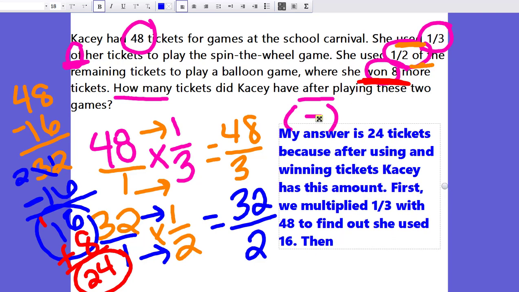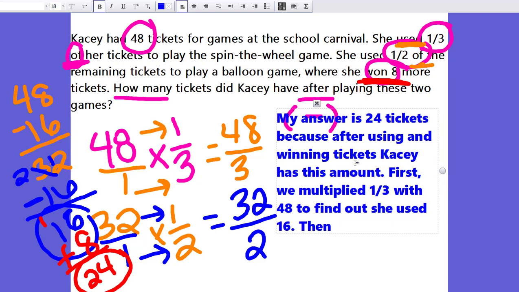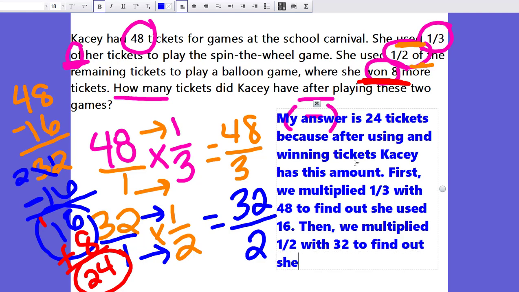Then we multiplied 1/2 with 32 to find out she used 16. Finally, we added 8 because she won these.